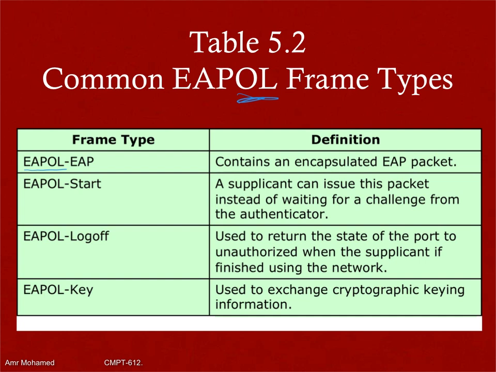The message will have these two headers and will be exchanged all the way with the authentication server. This is the main message flowing back and forth between the device and the authentication server, containing an encapsulated EAP packet, which has the authentication message inside it.